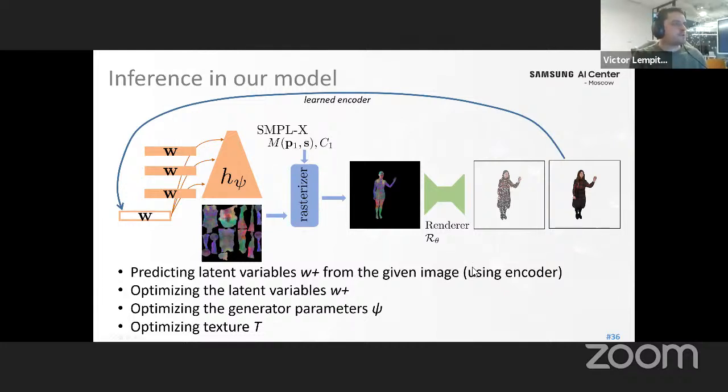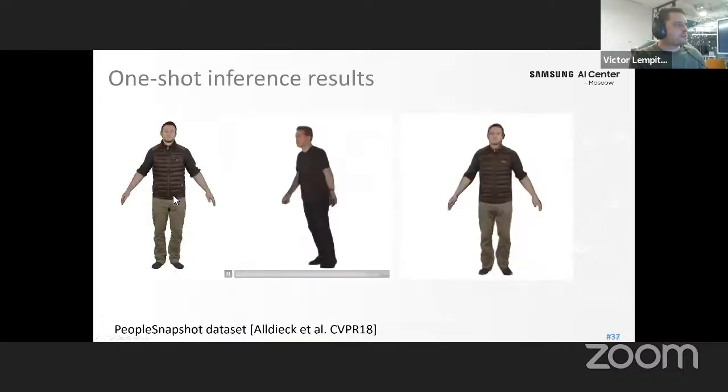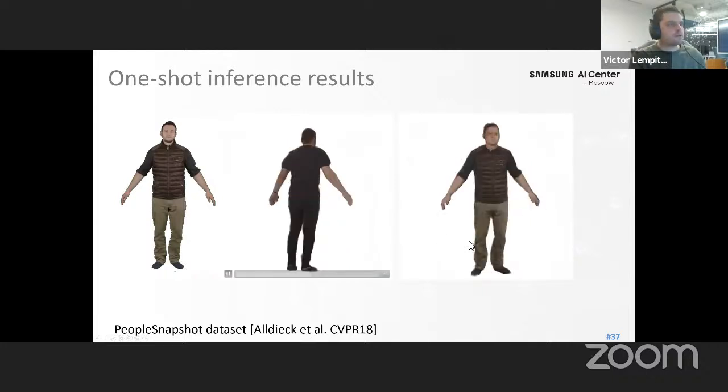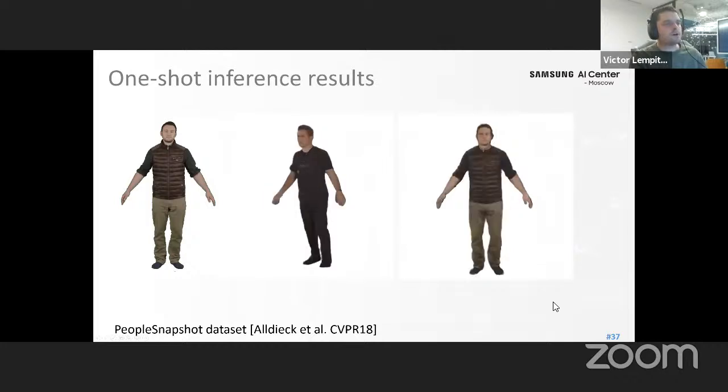Let me show you some one-shot results. So here, given this single frame, this is the avatar that the encoder part gives us, and this sequence of frames corresponds to the avatar that our full approach recovers.